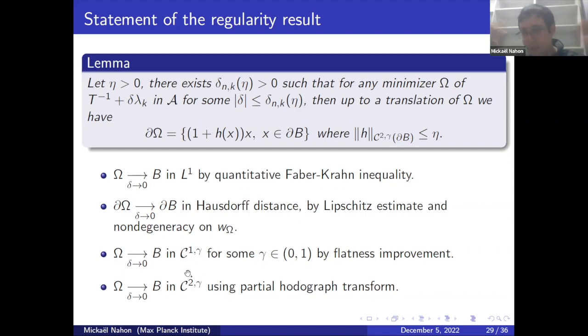And then by something that I will not explain here, we can iterate to get higher and higher regularity. For us, we'll just stop at C2 gamma because this is enough. But here we could put C^k for any k. So now we know that as delta gets smaller, our minimizers are smaller and smaller perturbations of the ball.